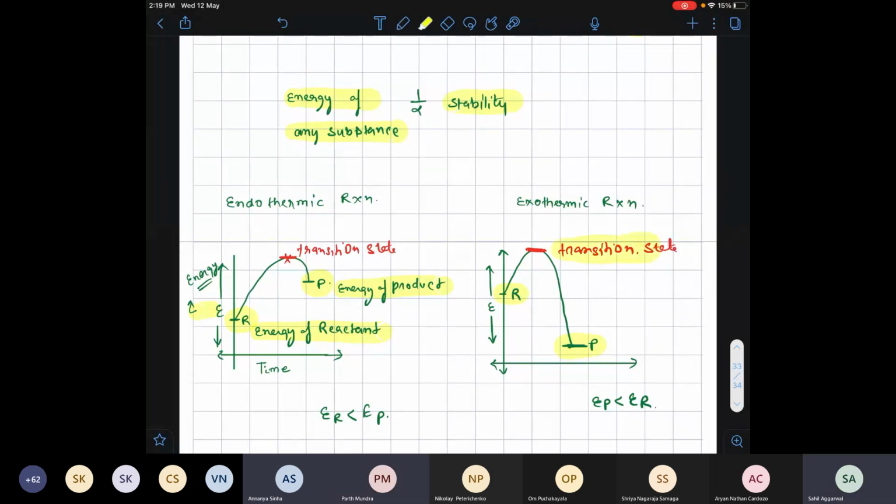And you can see transition states are highly unstable, no one can stay there. So it decides which side it has to go. The side where it gets more stability, it comes to that side.